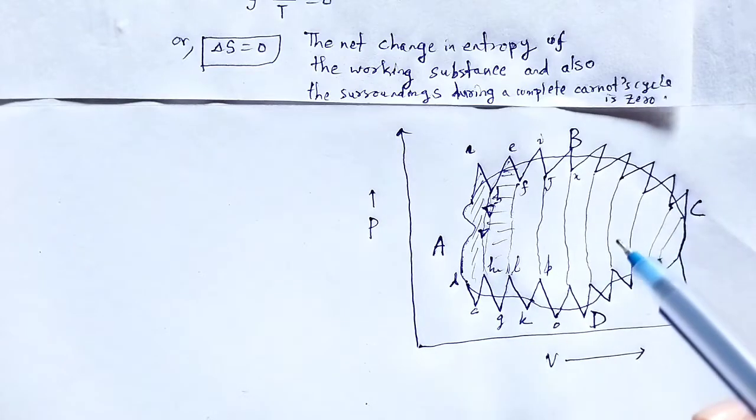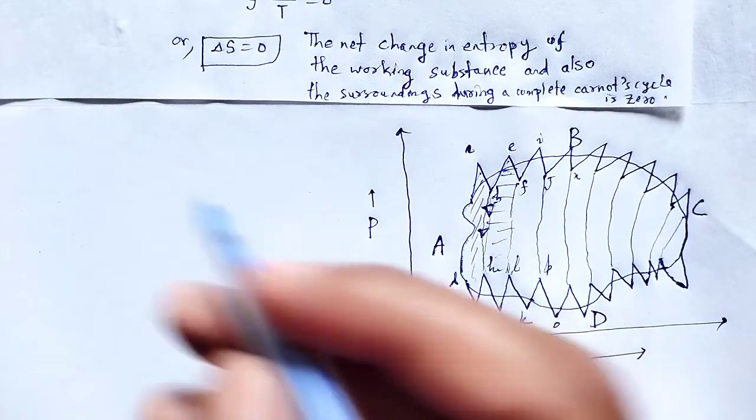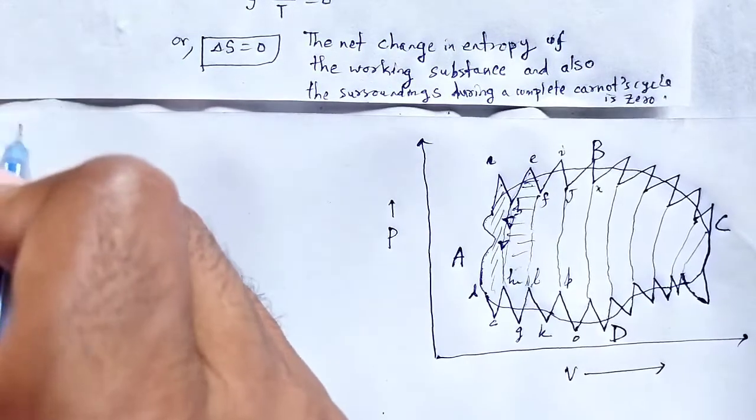That's why for each elementary Carnot cycle we can write the equation in a generalized way.